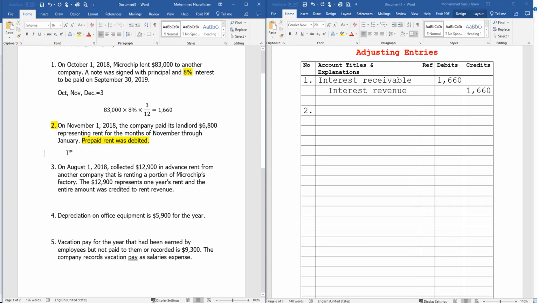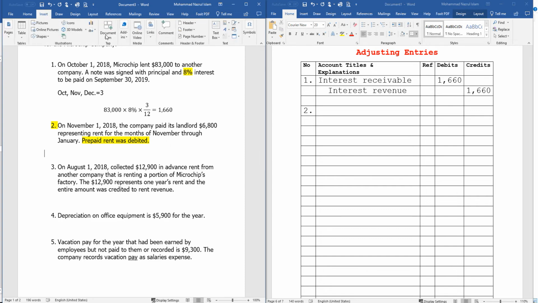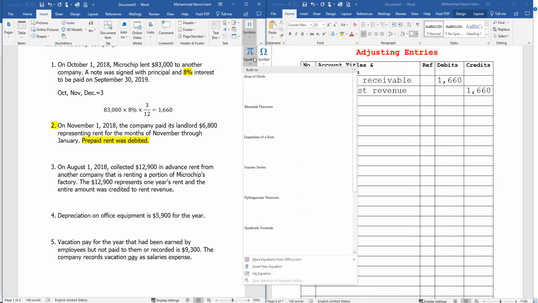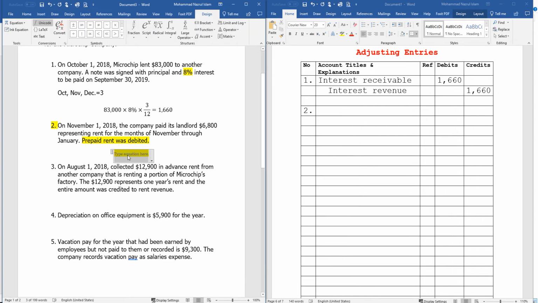Okay, so since prepaid rent was debited, it is normal, it is not the alternative form. So let's see how we do that. Let's insert an equation.